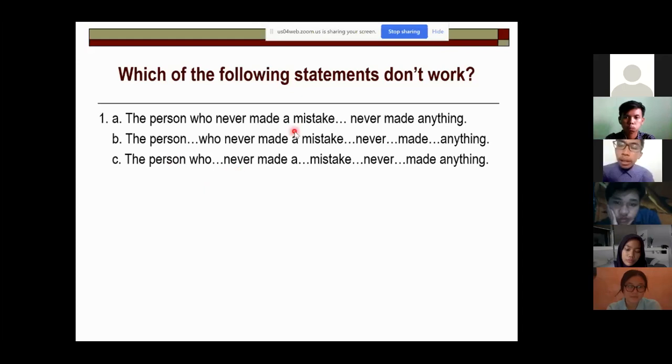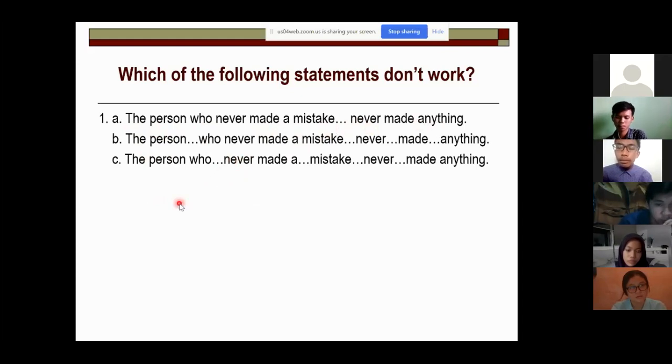I think the correct answer is A, ma'am. Would you please try to read it? Would you please read part A, if you choose option A, by pausing in this way? The person who never made a mistake never made anything.